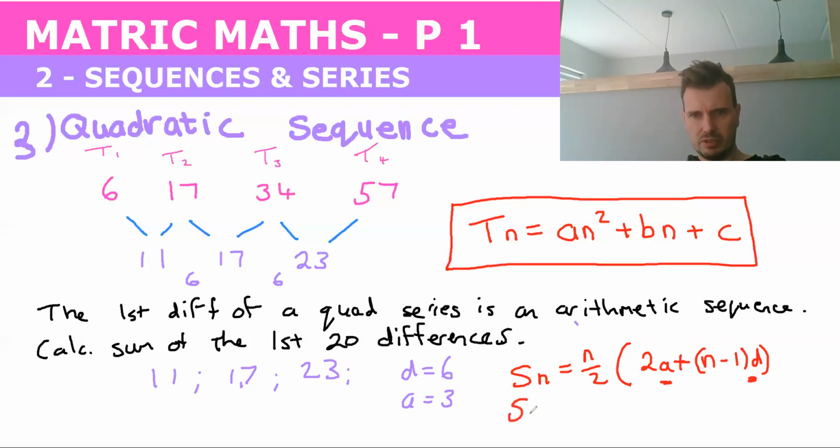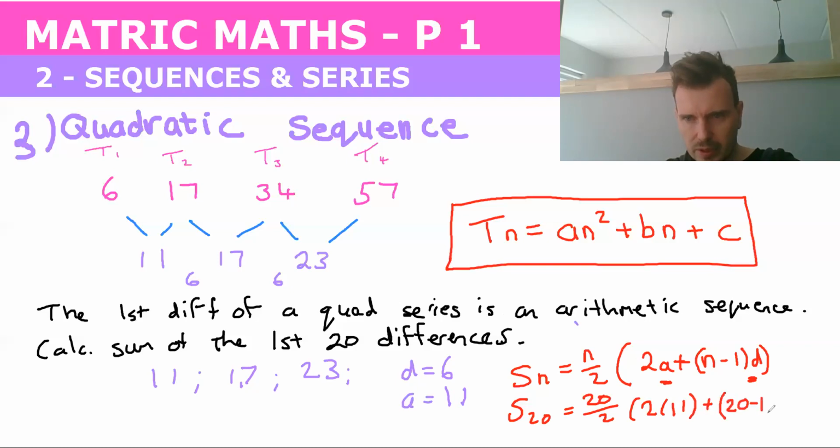And they asked you for the 20, so you could just say S20 equals 20 over 2, 2 times A, A is the first term, which is 11, plus 20 minus 1 times the difference, which is 6.